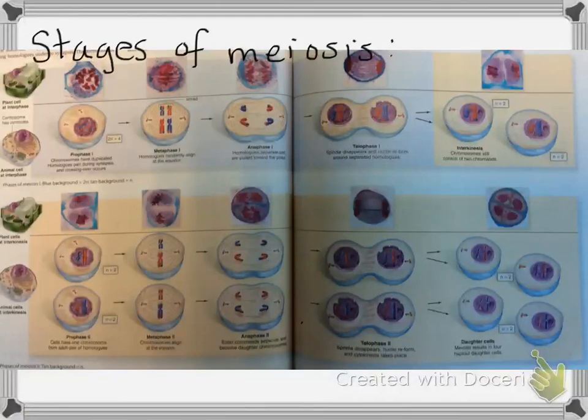Is that 1 cell haploid or diploid when you start meiosis? Diploid. How did you figure that out, Grant? There's 2 sets. And everybody find the little box that says prophase 1. 2N. What's 2N mean? 2 sets. Is that haploid or diploid? Diploid. See, it even tells you you're diploid.